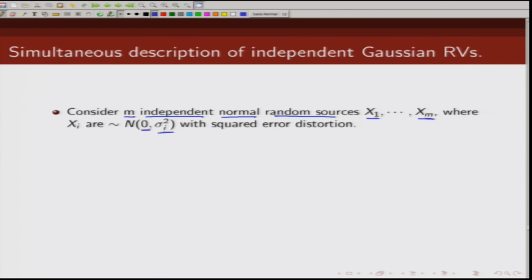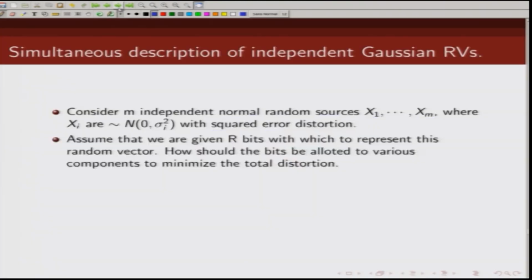So, they are not identically distributed, but they are independent, and we are considering the squared error distortion measure. So, assume that we are given r bits, and with these r bits we have to represent this random vector x1, x2, x3, up to x m.